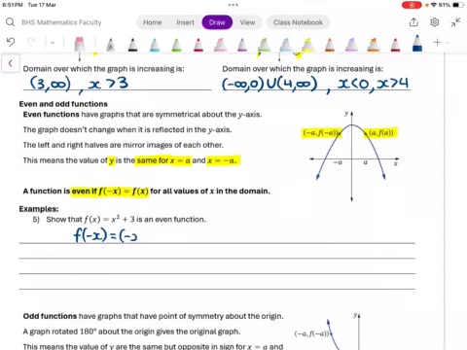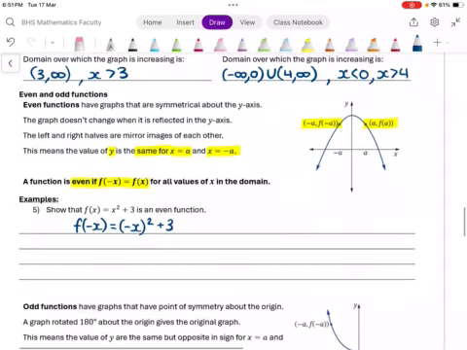So we'll have negative x all squared plus 3. Now, negative x all squared is equal to positive x squared plus 3, because anything that's negative squared is positive.